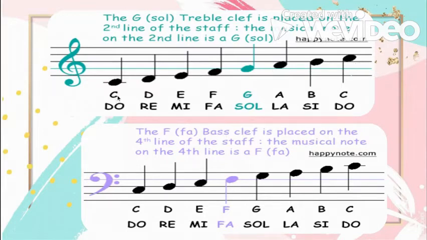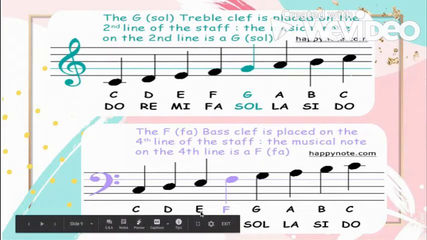For example, this one: do, re, mi. The do is here, that's the middle C. Just always remember that the G clef, or treble clef, is placed on the second line of the staff. The musical note on the second line is a G. Can you see that one? The G clef is placed on the second line of the staff.